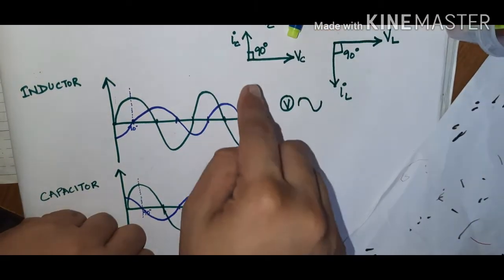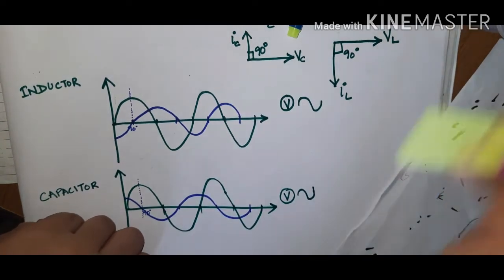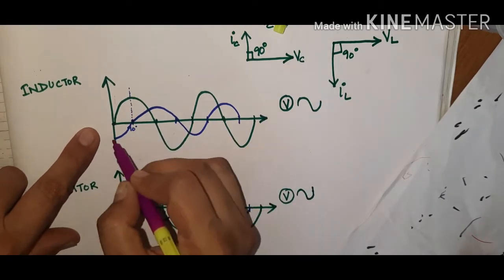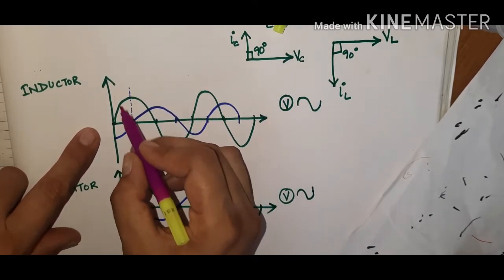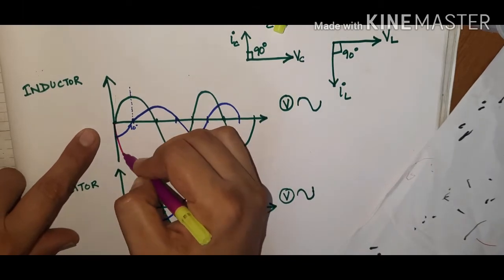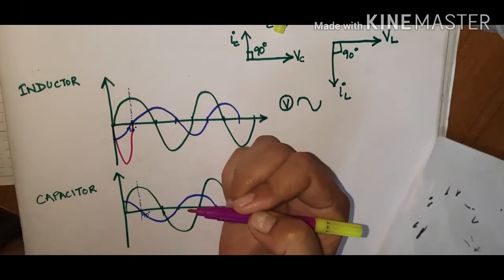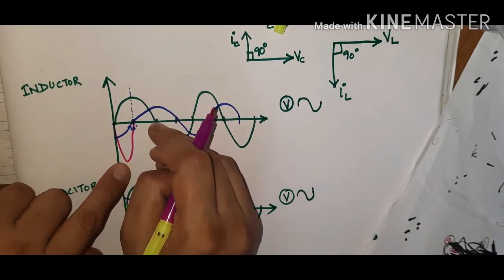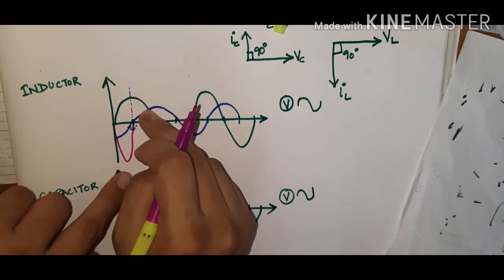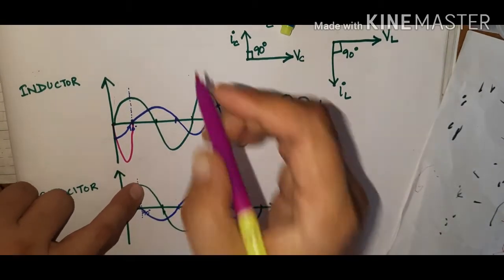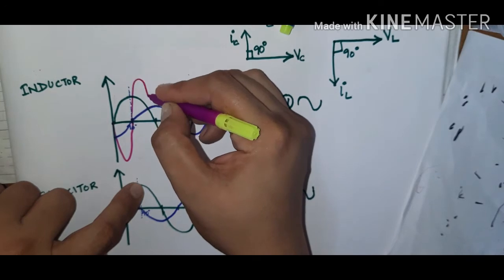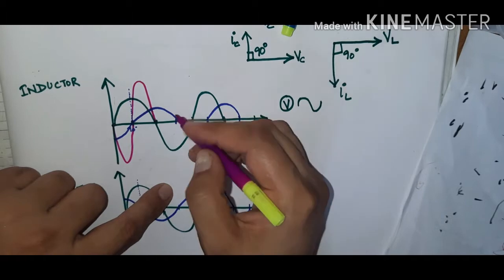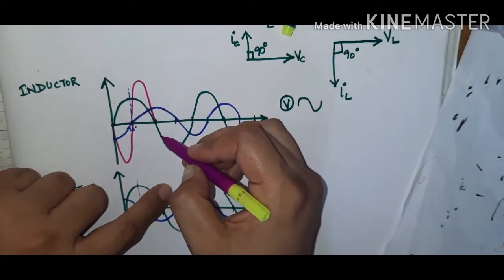Okay, now comes the power. For 0 to 90 degrees, voltage is positive, current is negative. What is the product of positive and negative? Negative. So this is going to be the power waveform. For the next 90 degrees, both the voltage as well as the current are positive. So plus into plus is always plus. Next half cycle, current is positive, voltage is negative.